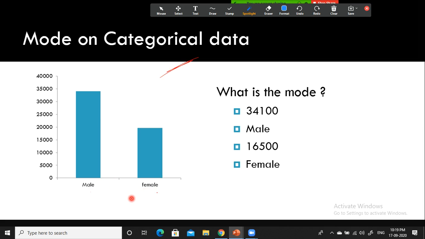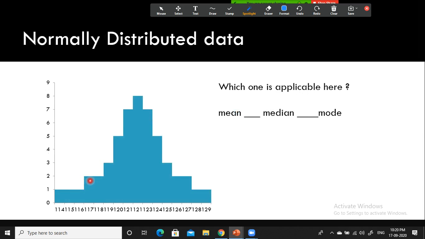How many males purchased? 30,500 male customers purchased. Compared to female, males purchased more. Hence, the mode is male here. You are not supposed to say the count. You are supposed to say male. What is the mode here? Male is the mode here.